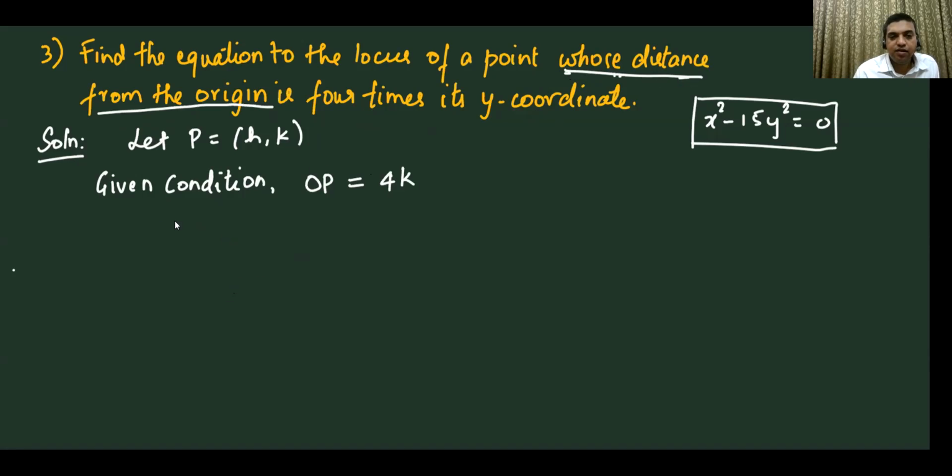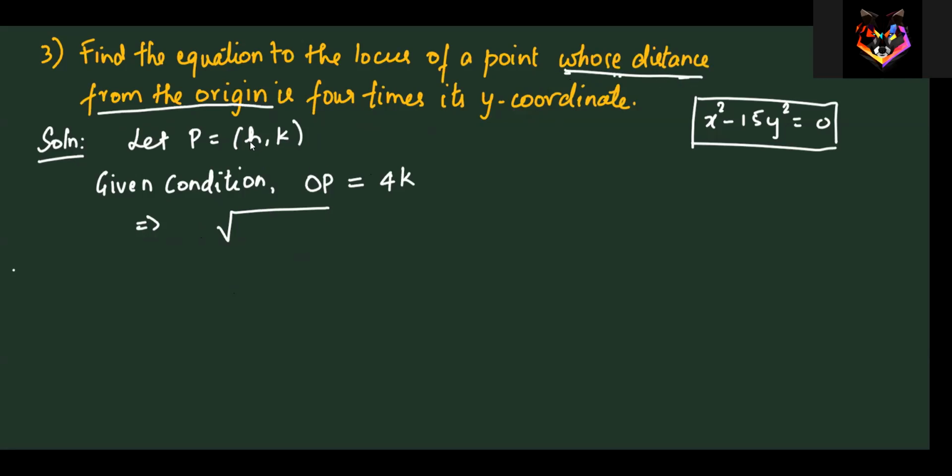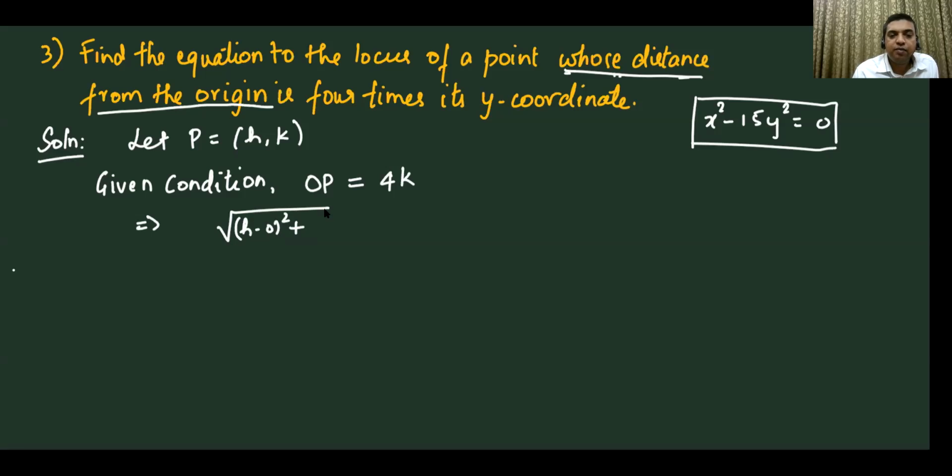All right. So what do you get? Under root of, what is the distance of a point from the origin? H minus 0 whole square plus k minus 0 whole square. So h square plus k square under root. You square on both sides. H square plus k square is equal to 16k square.